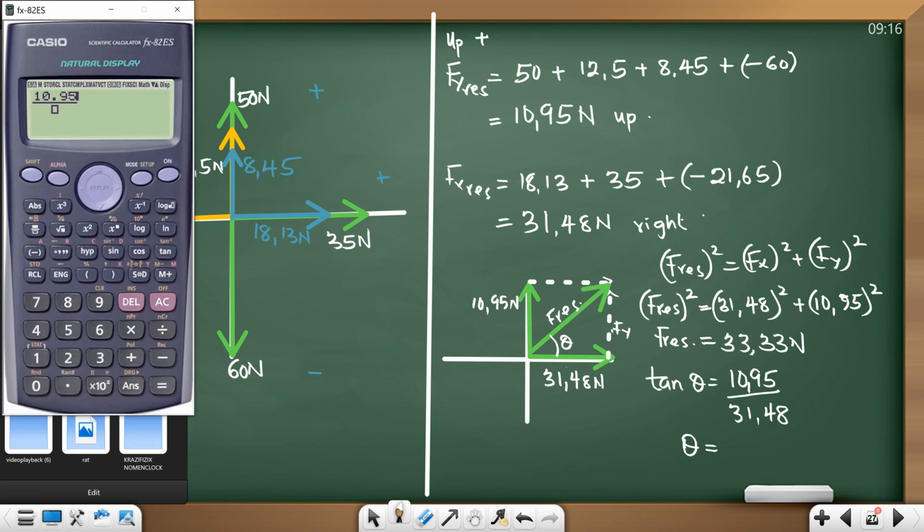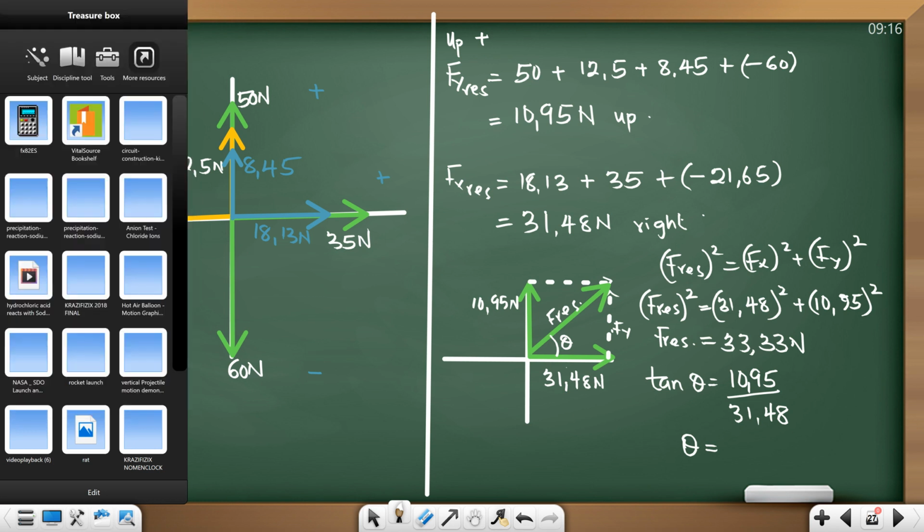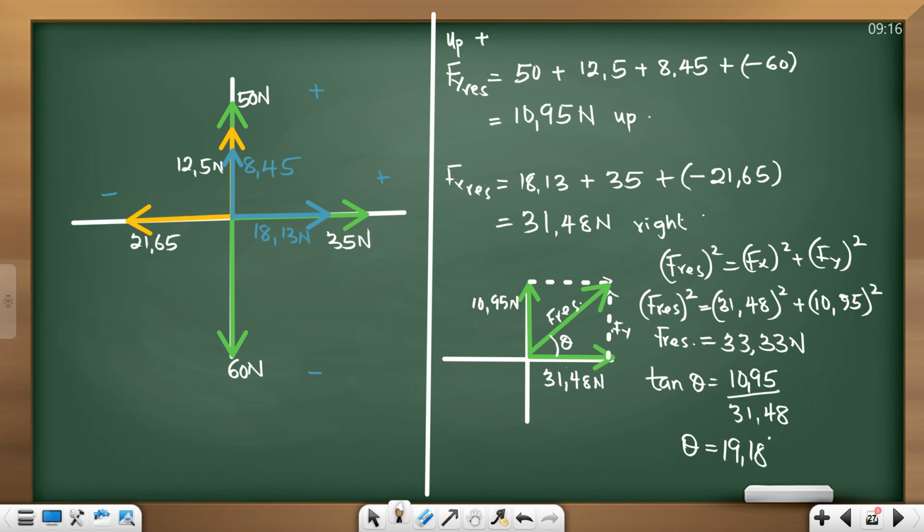So 10,95 divided by 31,48. But remember, it's an angle. So what do we say? Shift tan of that answer would give us our angle, 19,18 degrees.